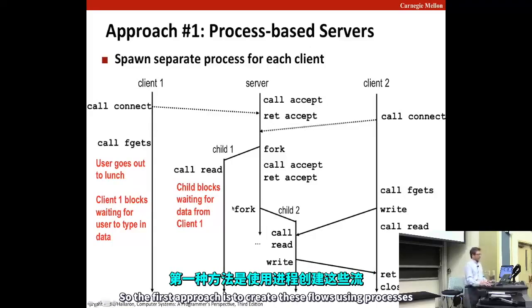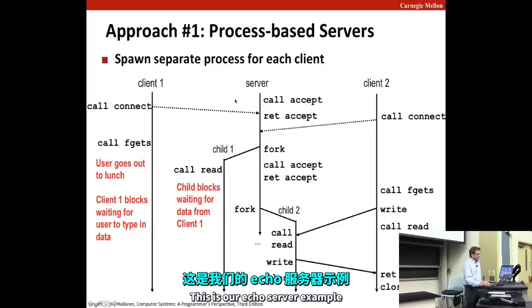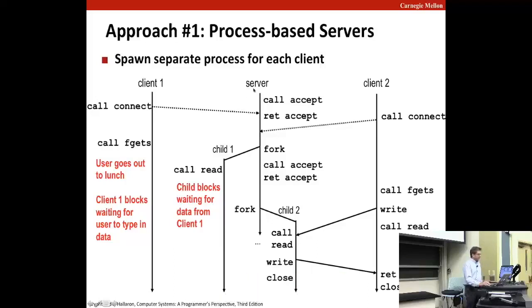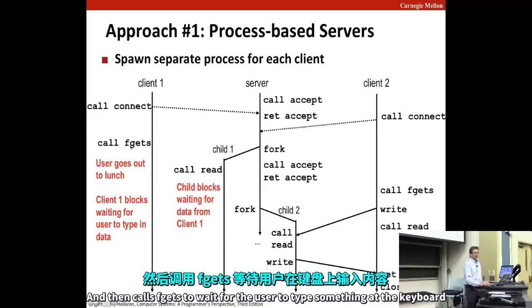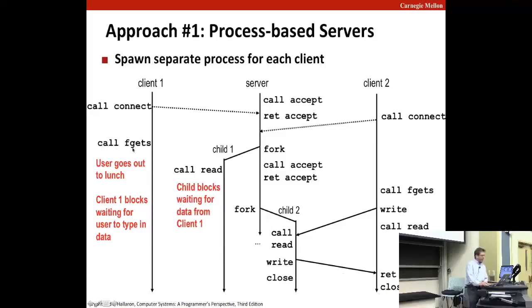The first approach is to create these flows using processes. This is our Echo server example. The client requests a connection and then calls fgets to wait for the user to type something in at the keyboard. But the user's gone, so this client just blocks in the call to fgets.